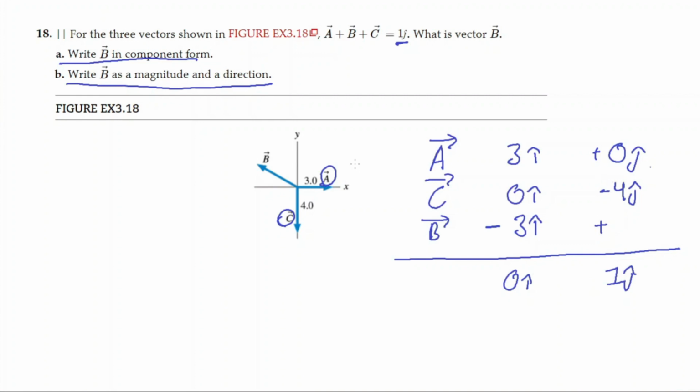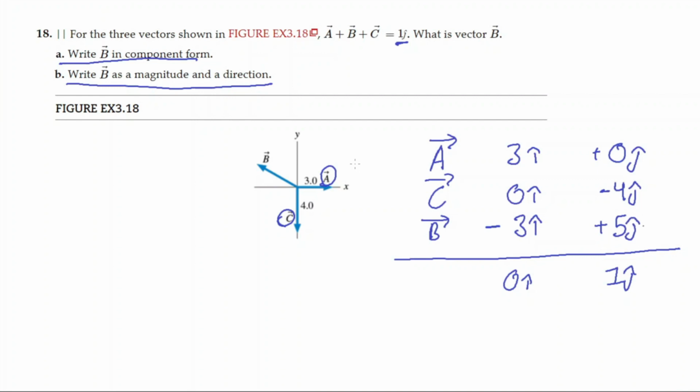So vector a and c both have a y component adding up to negative 4, which means that for vector b, we want something that's going to add to negative 4 and then give us 1, which would be 5, because 5 minus 4 is going to be 1.